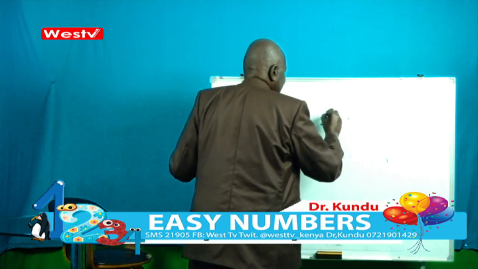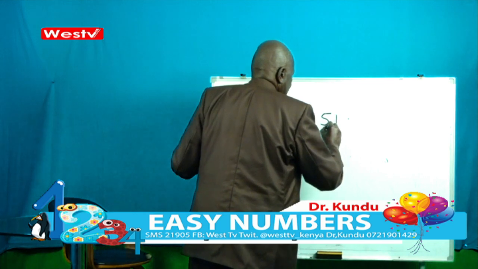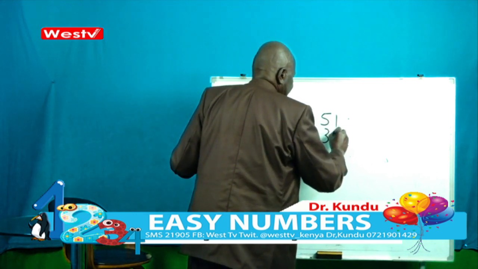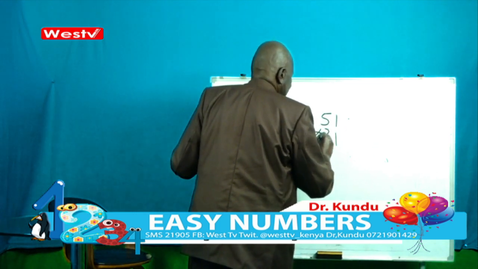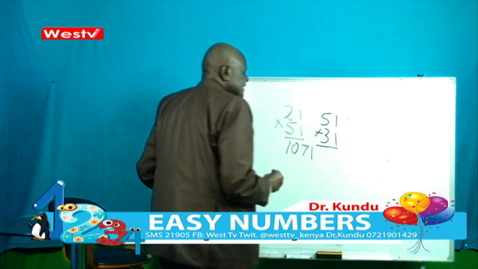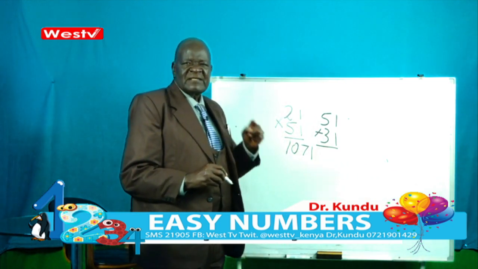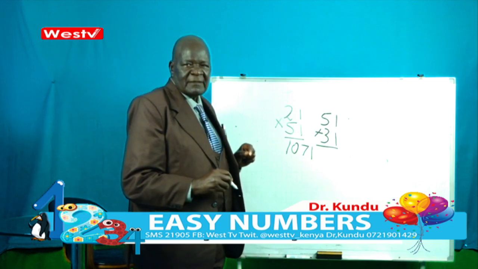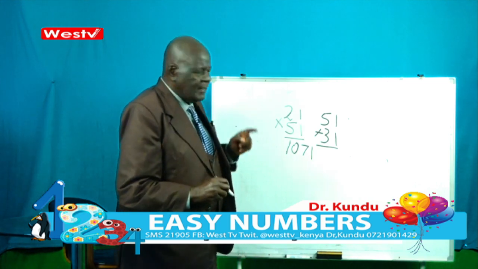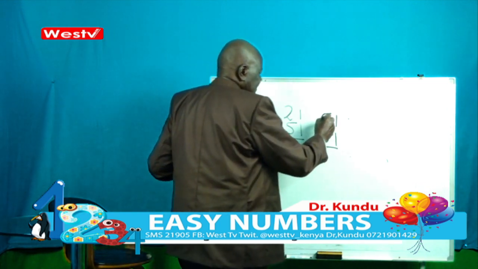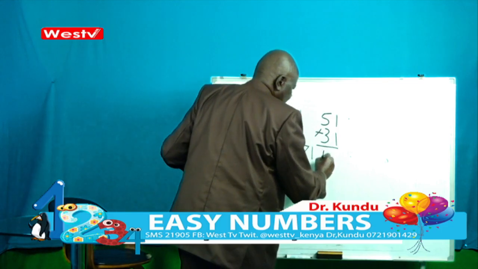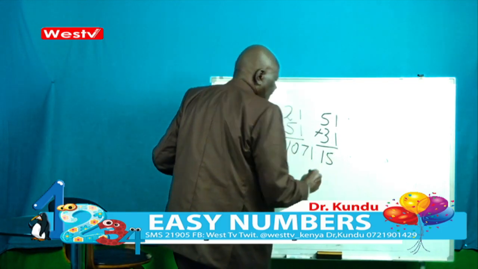Let us look at, even if it's 51 multiplied by 31. I should see the answer as 1581. How have I seen 1581? Step 1, multiply the tens digits. 5 times 3 is 15.